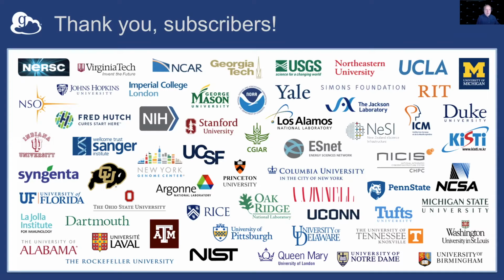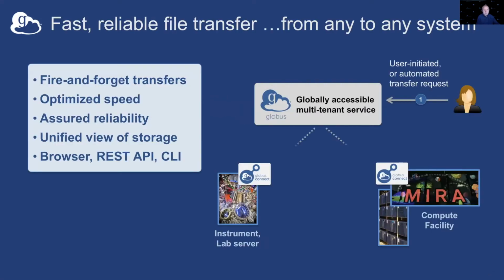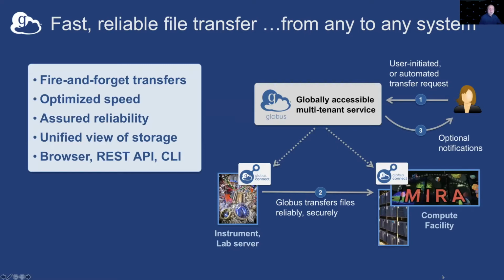All right, so first off, I'm going to focus on a couple of the core capabilities in the service. At the base of everything is this reliable file transfer service. I, the researcher, have some data to move from one system to another, and these systems can be pretty much anything.